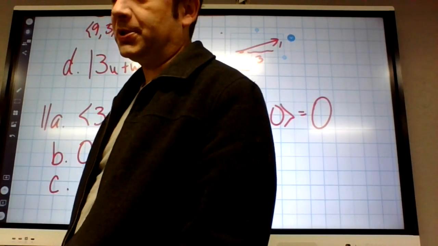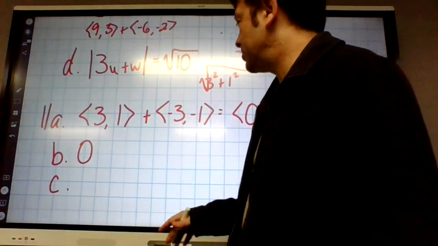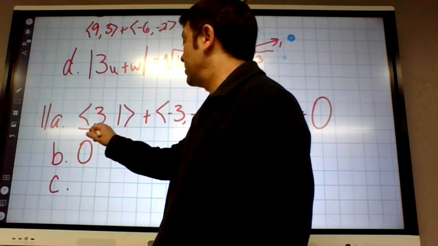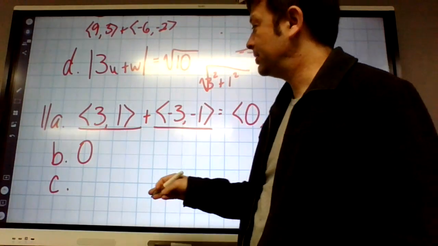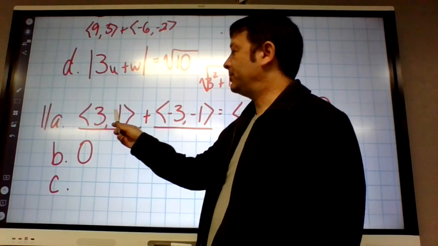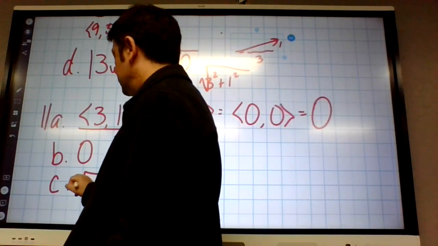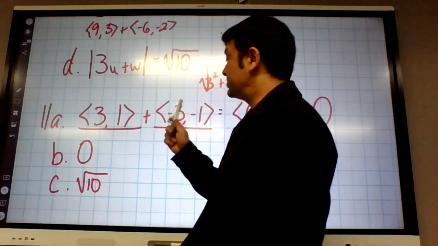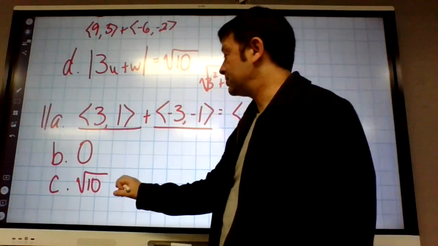As in C, they want us to do the magnitude of U plus the magnitude of 1/2 W. So here's U right here. Here's the 1/2 W right there. So 3 squared plus 1 squared and the square root of that. Yeah, it's square root of 10. We just did that a second ago. -3 squared plus -1 squared and the square root of that.